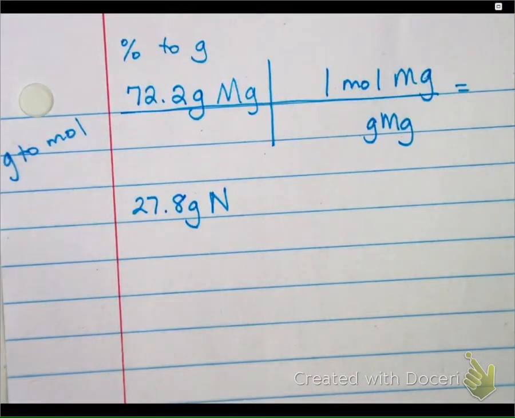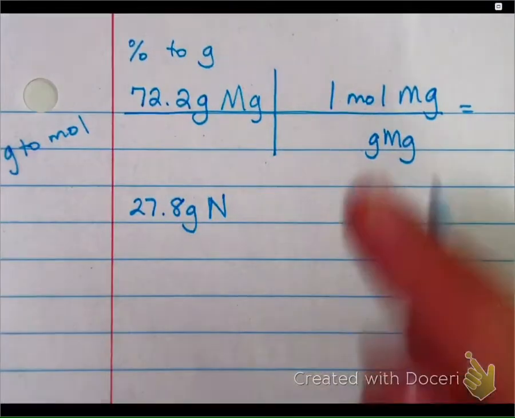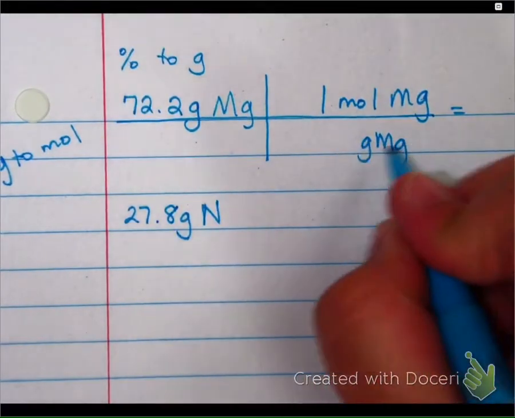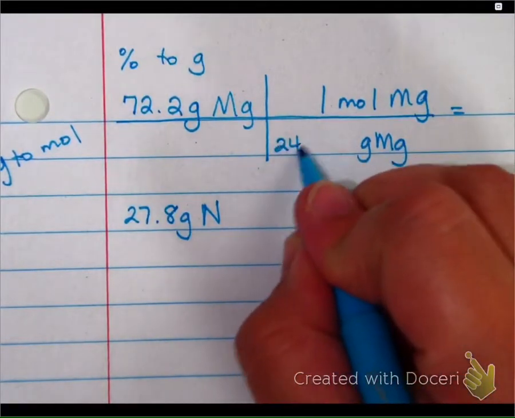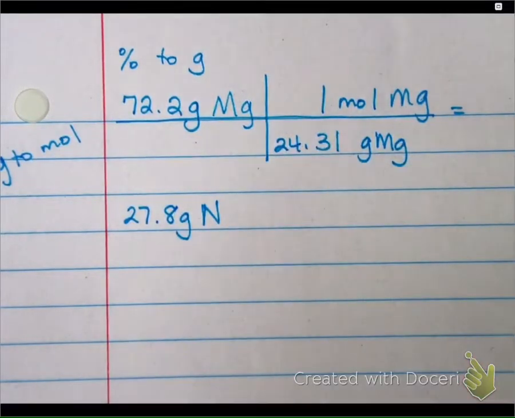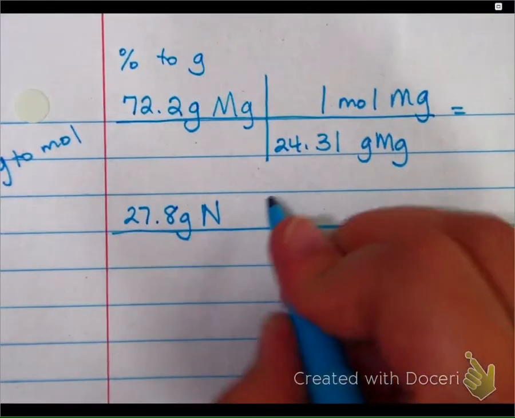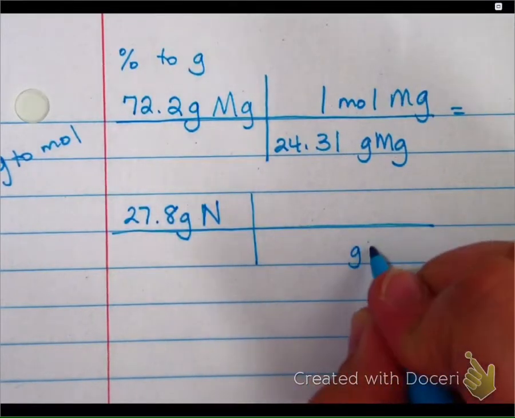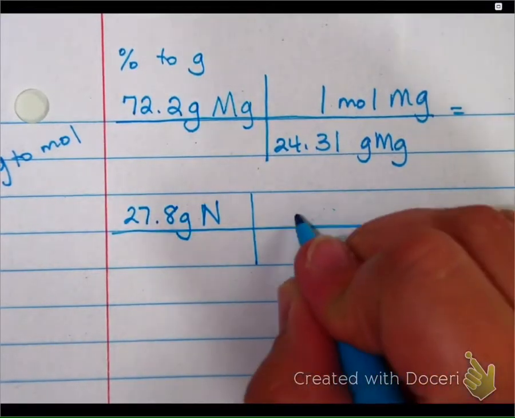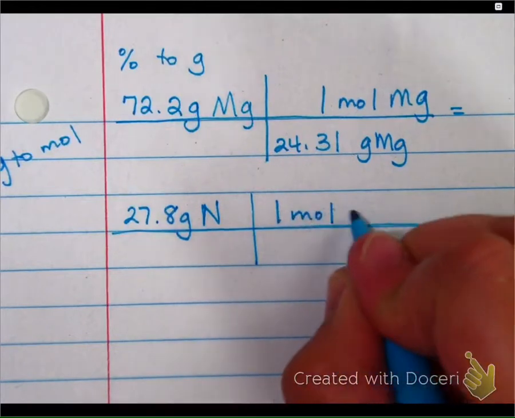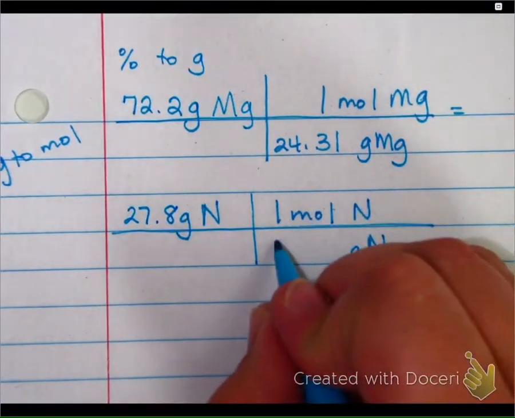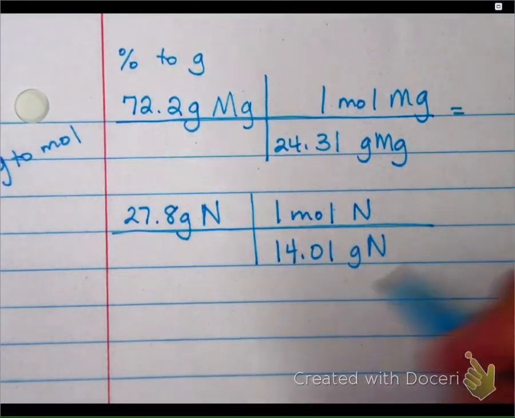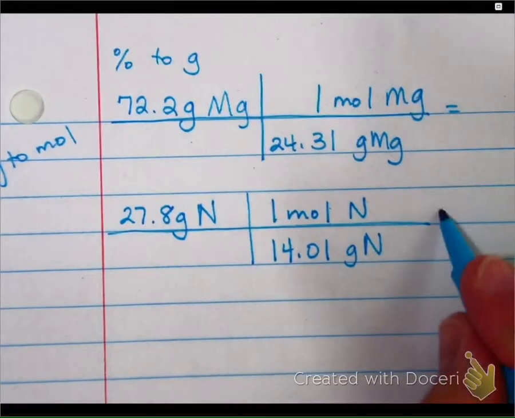And the atomic mass, or molar mass, of magnesium is 24.31 grams. Nitrogen, we do the same thing, take its mass and change it to moles. And this is going to be 14.01 grams for nitrogen.